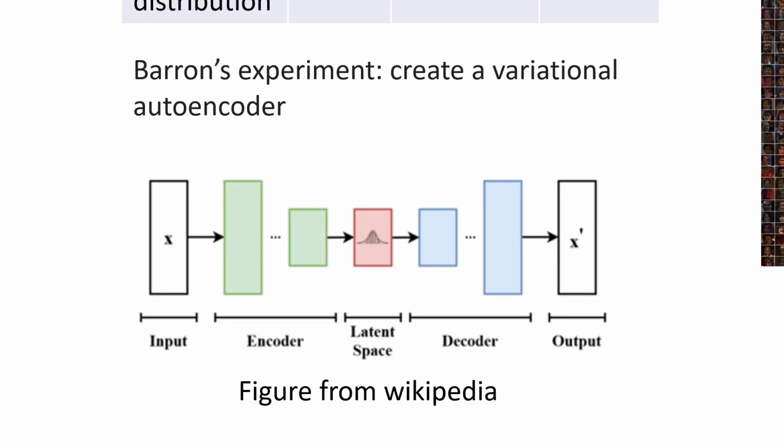Given input data, there is a neural network, and it will encode the input data into another format. This is called a latent vector, and the latent vector is in a latent space. In the latent space, we want those latent vectors to follow a certain distribution. The autoencoder has an encoder and also a decoder.